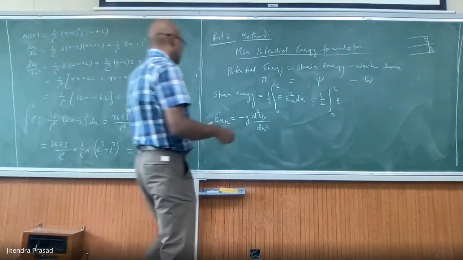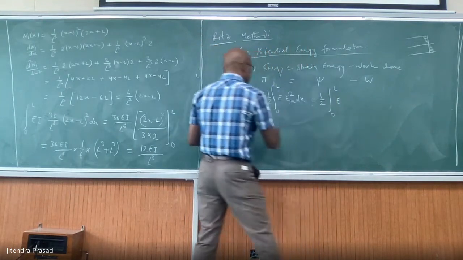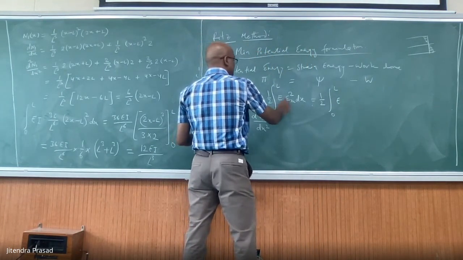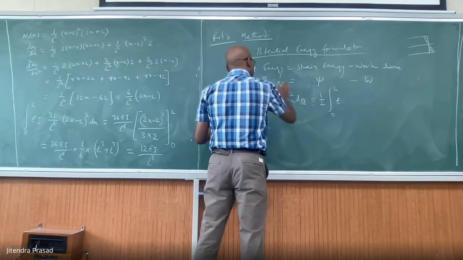So what you do here, this one you are multiplying, but since this is for the whole domain, basically you have to write the whole thing.